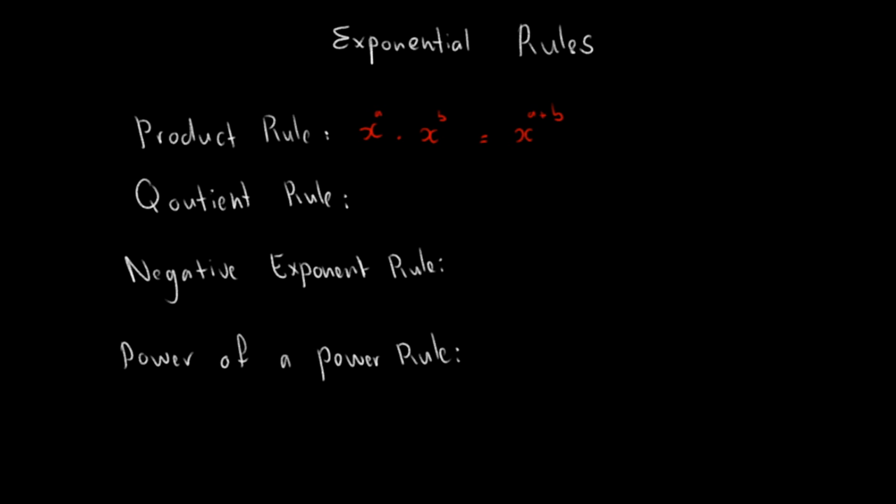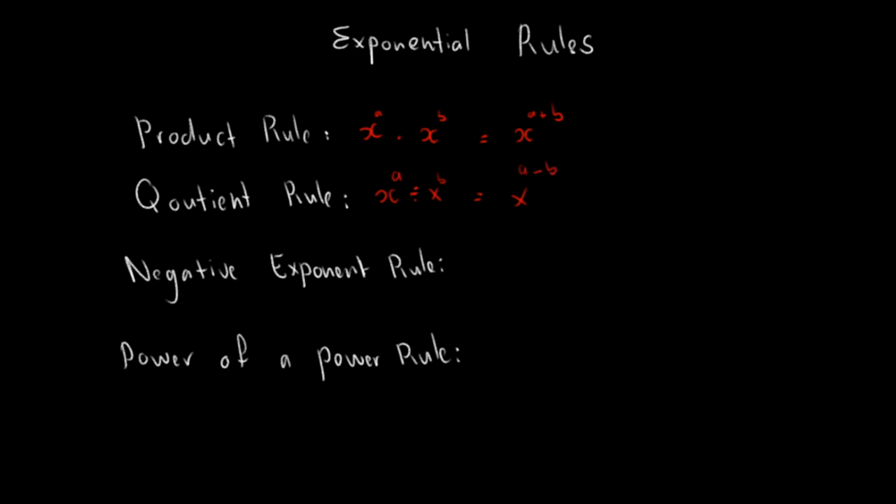We will put this into examples in a bit. What about the quotient rule? Well, the quotient rule says x to the power of a divided by x to the power of b simply gives me x^(a-b).